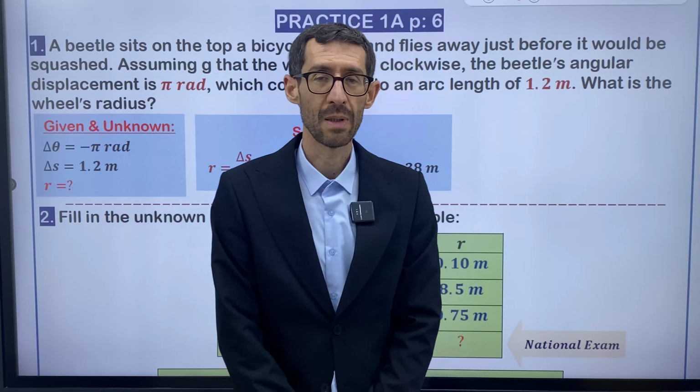C says find delta theta, angular displacement, while we have delta S as negative 4.2 meters, clockwise direction, and R as 0.75 meters, right? So what shall we do right now?